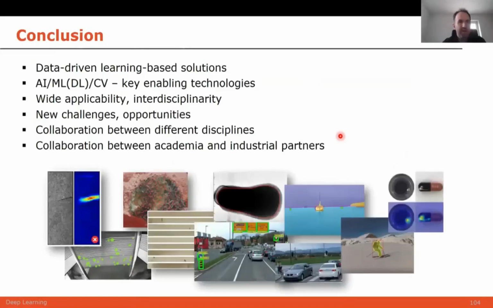Okay, but this is the final slide that I wanted to show. I really believe that data-driven, learning-based solutions are key enabling technologies of a lot of areas, right? In the past, it was not the case. I have to admit, I've been in this field for a number of years, and 10 years ago we couldn't solve a lot of problems reliably.